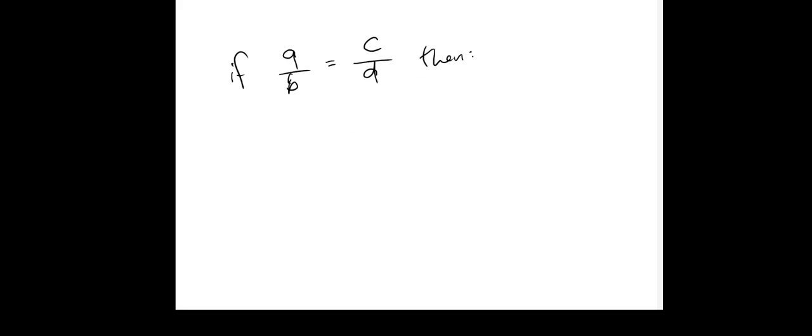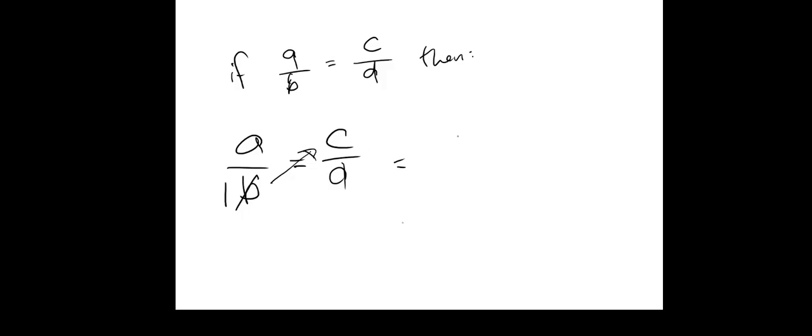Then we had this odd little law that's going to help us a lot. If A over B equals C over D, remember A, B, C and D are just any numbers in this case, how could we rewrite that? Well, we could bring the B over from the left hand side over to the right hand side, and to do that it's going to cross the equal sign and become a 1.